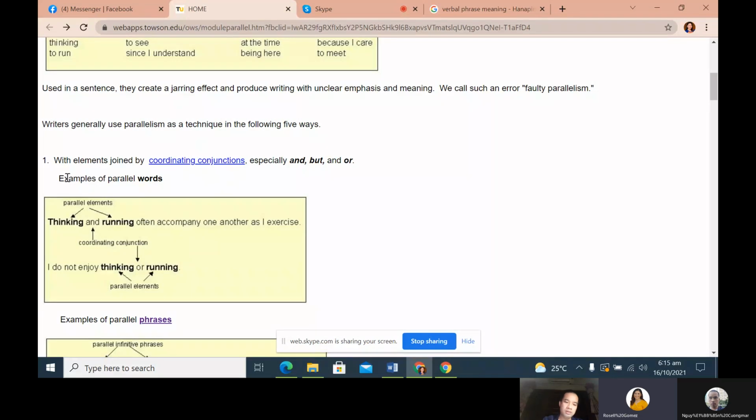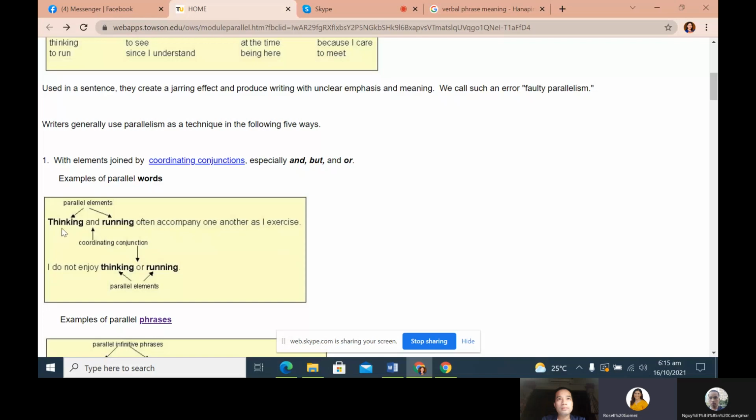I know you already know what the coordinating conjunctions are. Now, this will help you create parallel sentences. Example, look at this one. This is now an example of a parallel sentence.